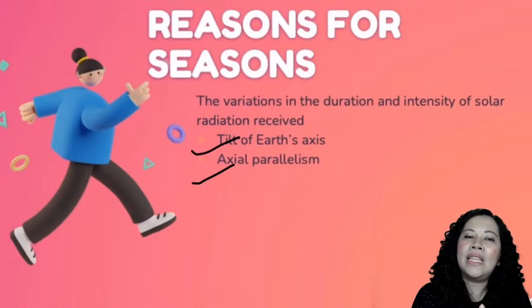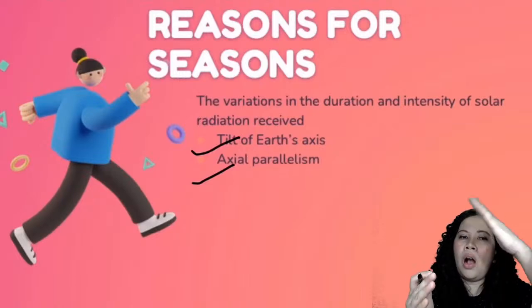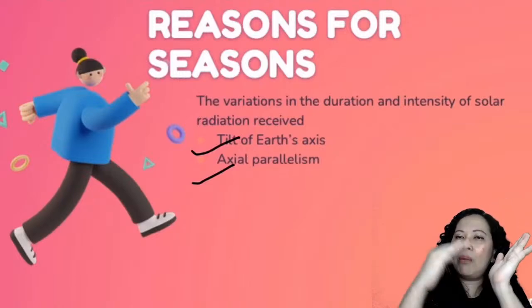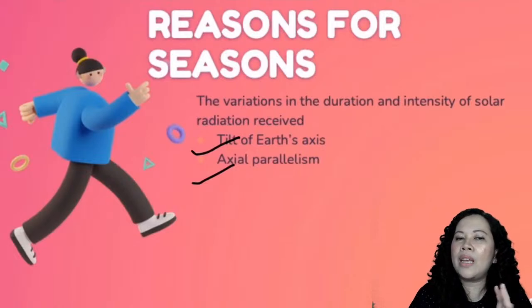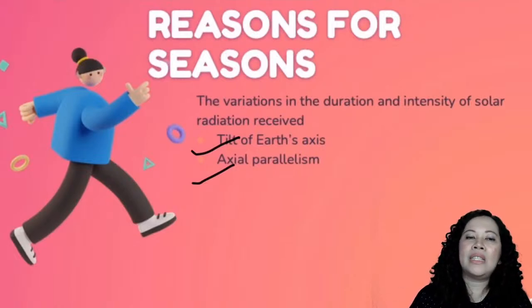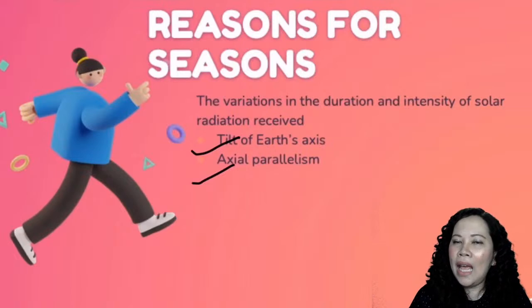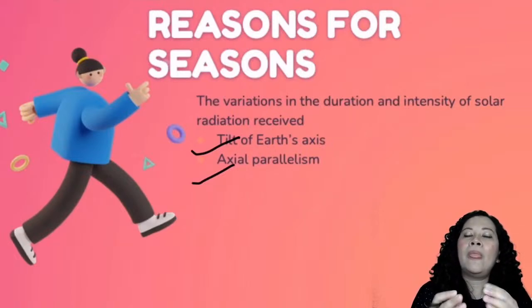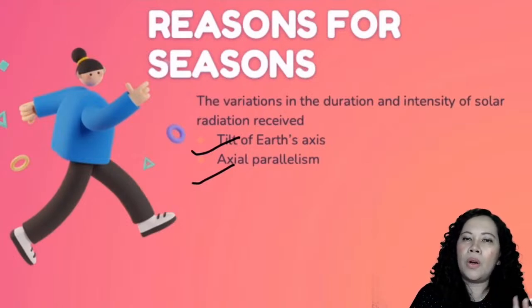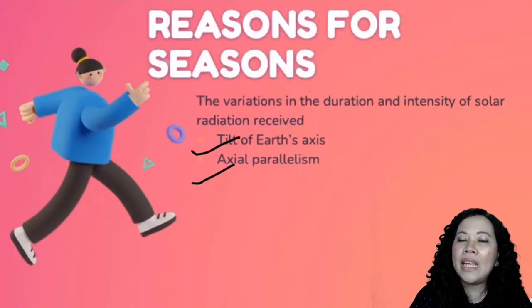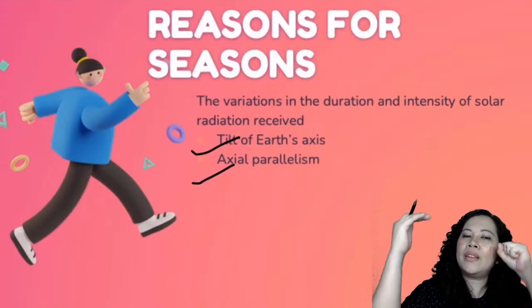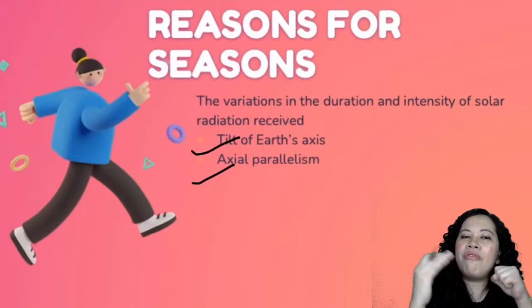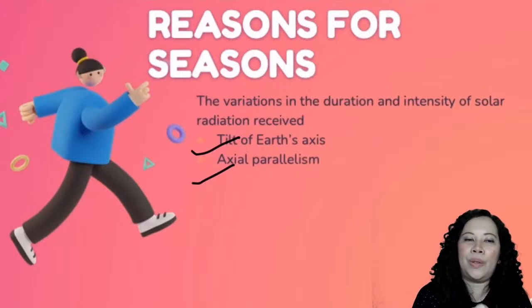So seasonality depends on the intensity, the duration, the insolation, and the angles above and below the horizon. This affects the season. Day length is why some areas in different countries have longer days or longer nights. That is because of the tilting of the earth.